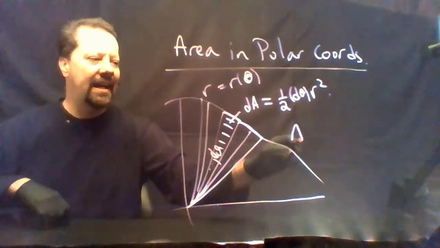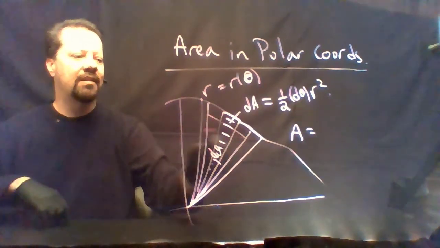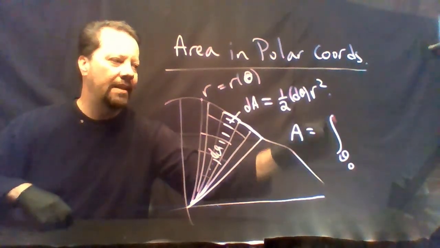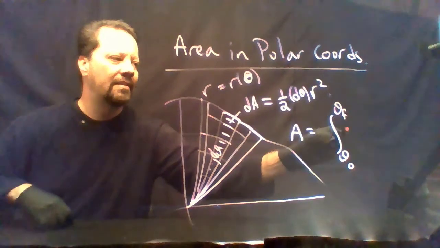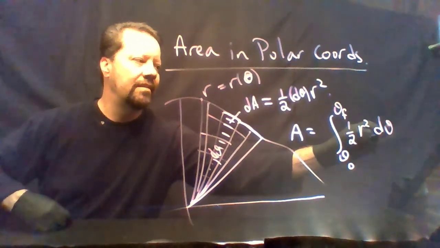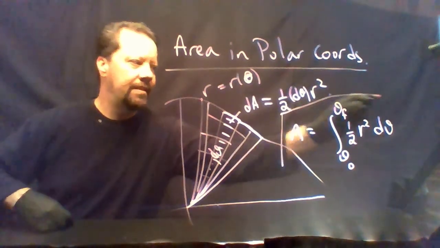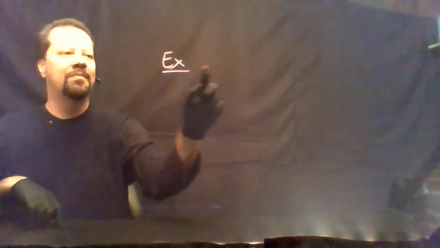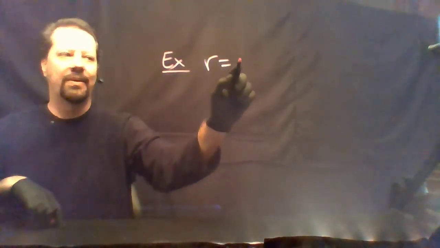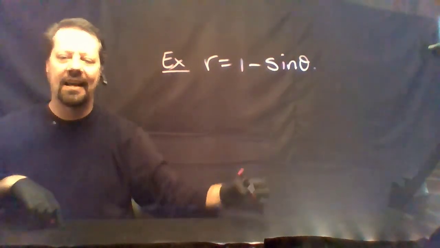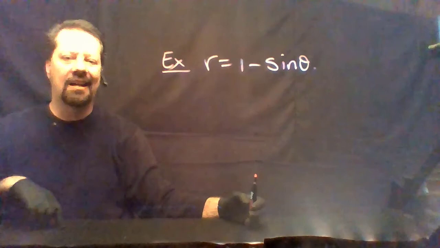To get the entire area of this region, we add these up from theta initial to theta final, 1/2 r squared d theta. This is a formula you need to memorize. For example, suppose I have the cardioid 1 minus sine theta, and I want to find the area inside of this entire cardioid.